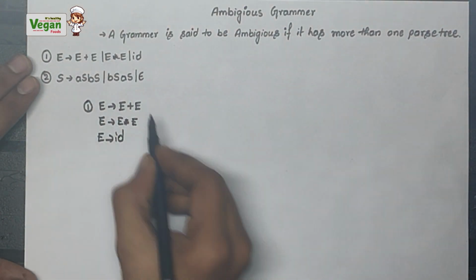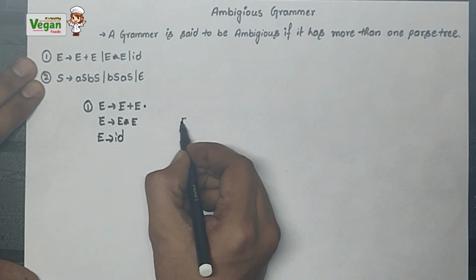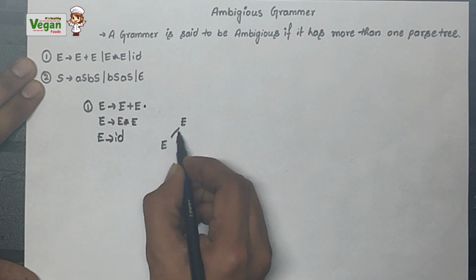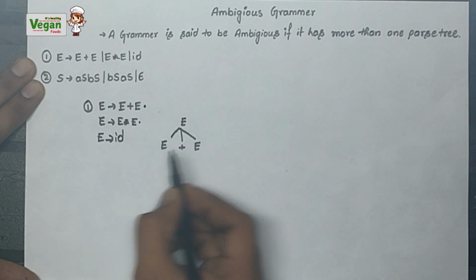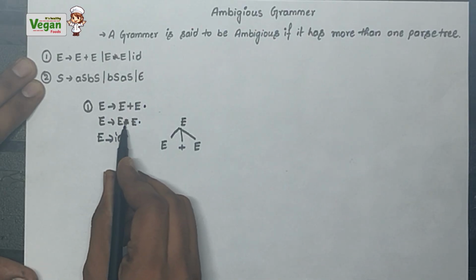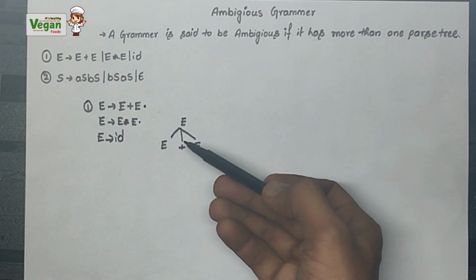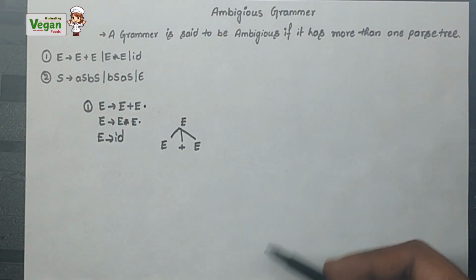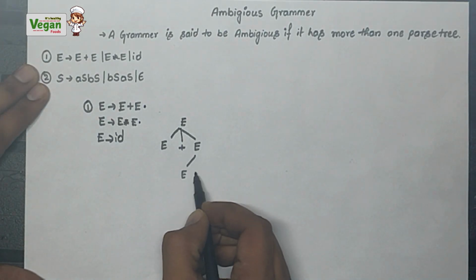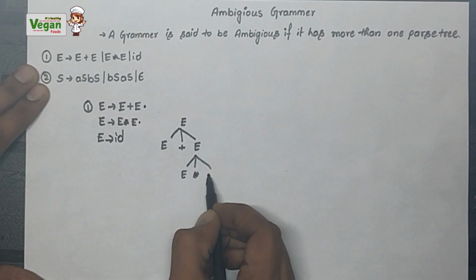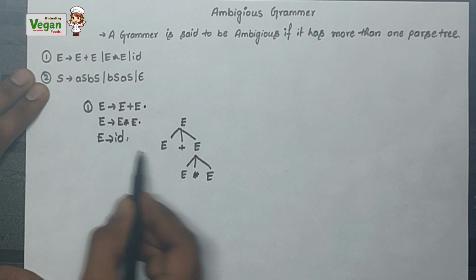Now let's try. First, I will consider this production, E producing E plus E. Next, I will consider this one: wherever E is there, you apply E star E. You can apply it to only one E, either this E or this E. So let me apply it to this E, giving E star E. Now for the last production, E will be replaced using ID.